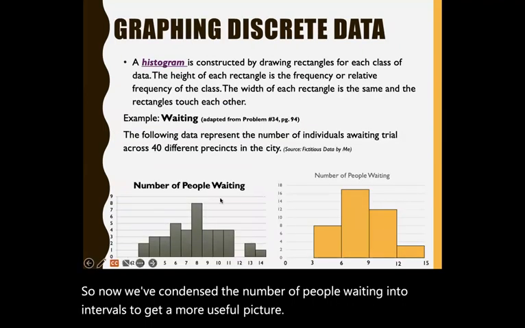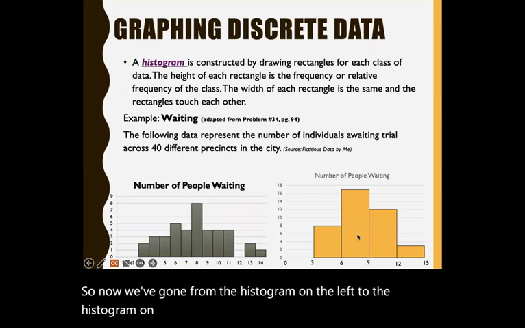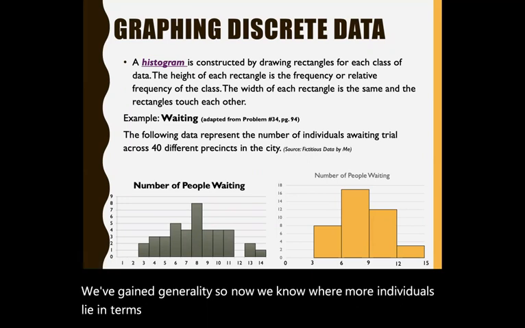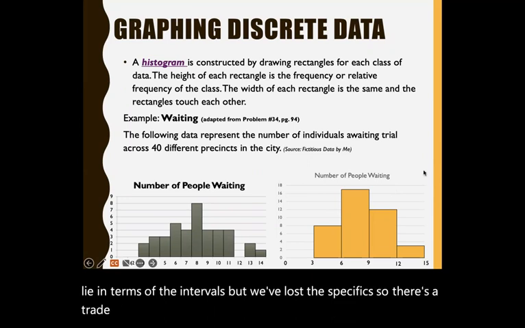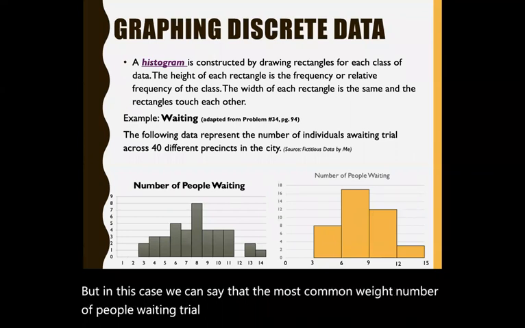So now we've gone from the histogram on the left to the histogram on the right. We've gained generality. So now we know where more individuals lie in terms of the intervals, but we've lost the specifics. So there's a trade-off that happens here. But in this case, we can say that the most common number of people waiting trial is between 6 and 9, because that's the tallest bar.